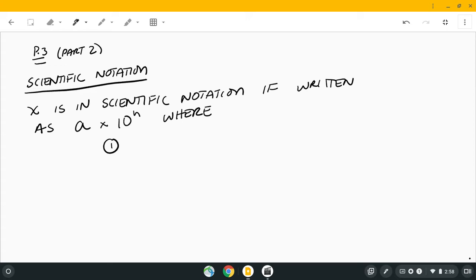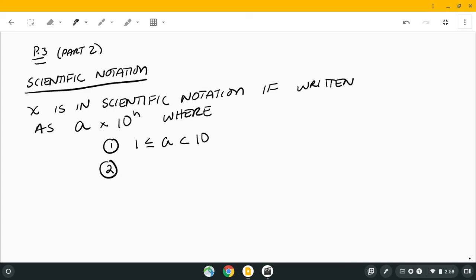Number one, this a number that we're talking about here is a number that is greater than or equal to 1, but it is less than 10. Okay, so it has to be more than 1. So it can't be like 0.9. It has to be more than 1. Okay, so it could be 1. It can be 1.1. Okay, but it has to be less than 10.